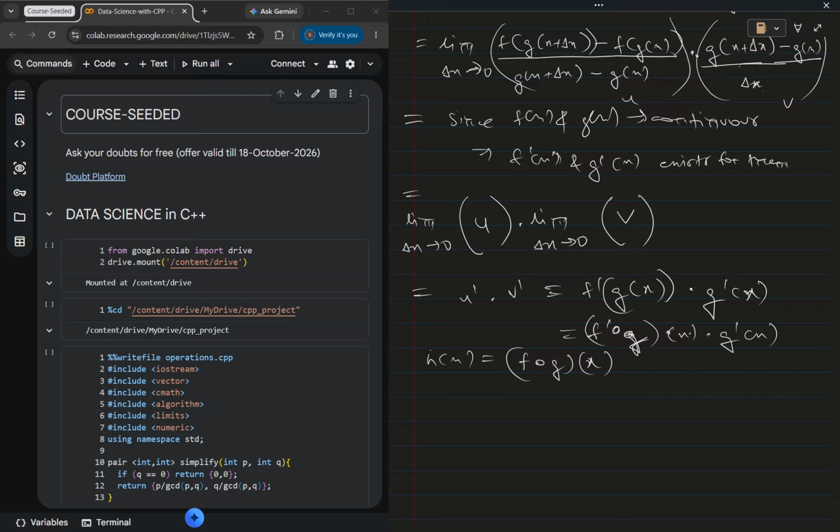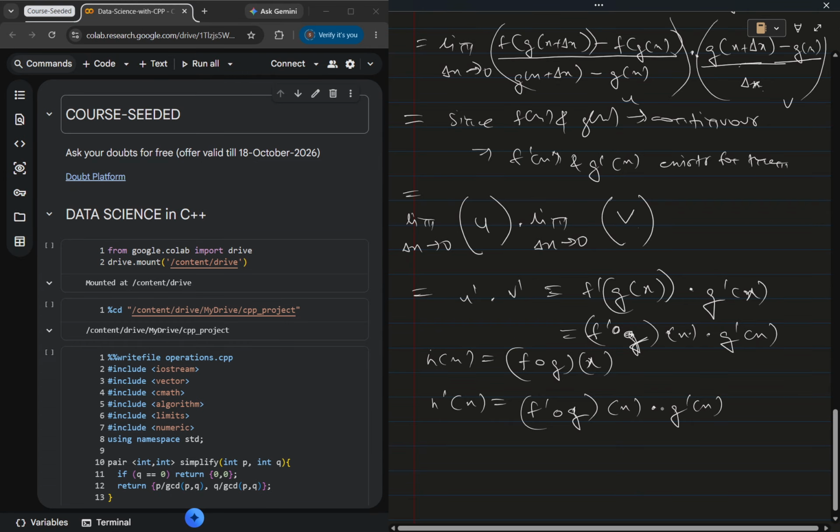The symbol for composite functions is this. So h dash x was basically f dash of g of x times g dash x. So this you get as your result of the derivative rule, which is your chain rule.